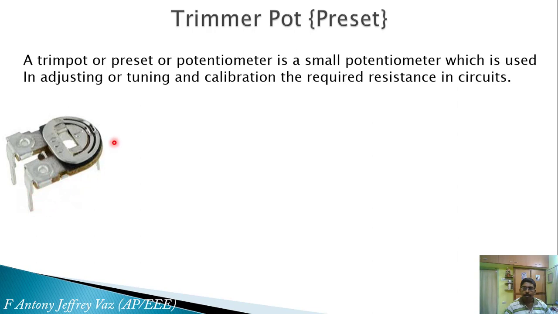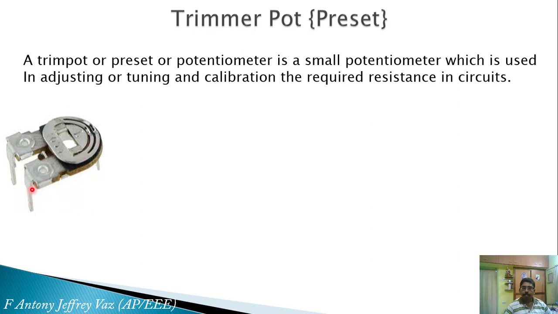These are widely used in volume controls. To increase the volume in an amplifier you just turn the knob. This knob adjusts the value of the resistance, and this resistance will increase or decrease the volume depending on the amplification process.